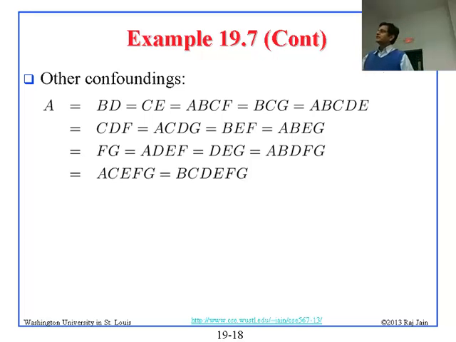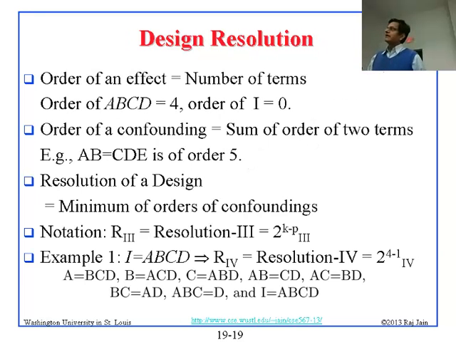Alright, so this is why now we have the term called design resolution. Design resolution is based on the order of the effect, which is the number of the terms. So for example, order of ABCD is 4, order of I is 0. Right, order of ABC is 3, order of AB is 2. So when you have this AB is equal to CDE, the order is 5 because you are confounding 2 and 3, 5.